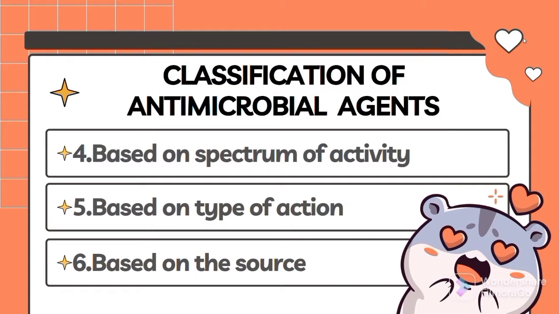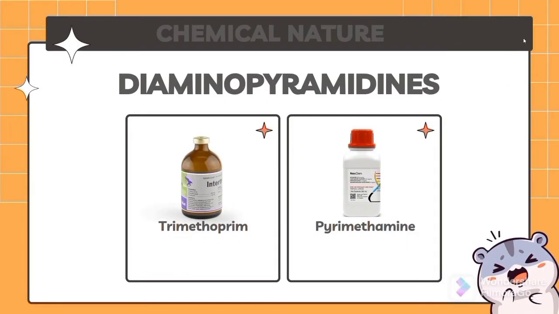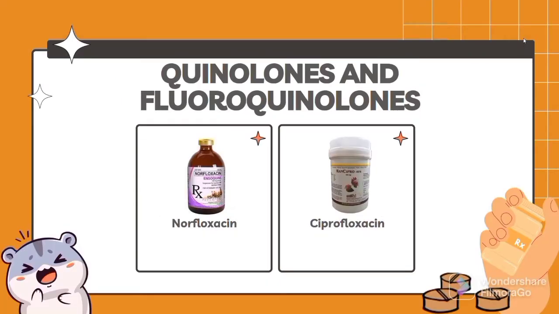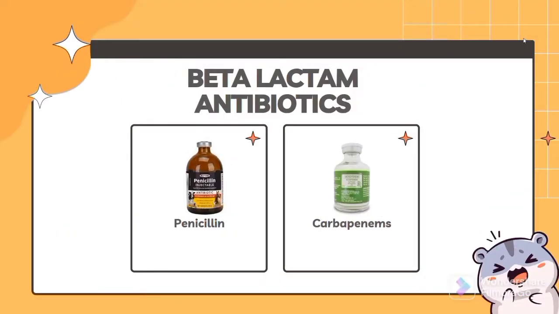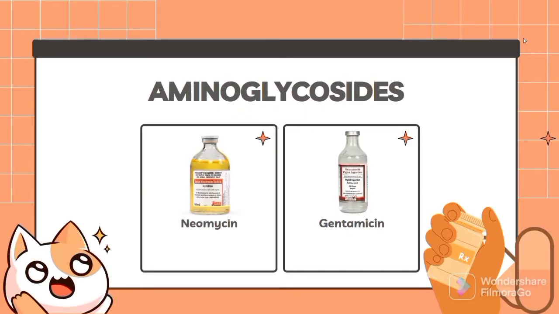Under the chemical natures, we have diaminopyrimidines, whose examples include trimethoprim and pyrimethamine, quinolones and fluoroquinolones like norfloxacin and ciprofloxacin, beta-lactam antibiotics like penicillin, cephalosporins, and carbapenems, and aminoglycosides like neomycin and gentamicin.